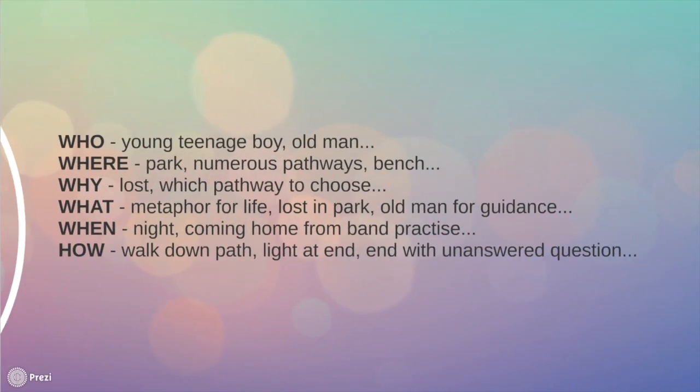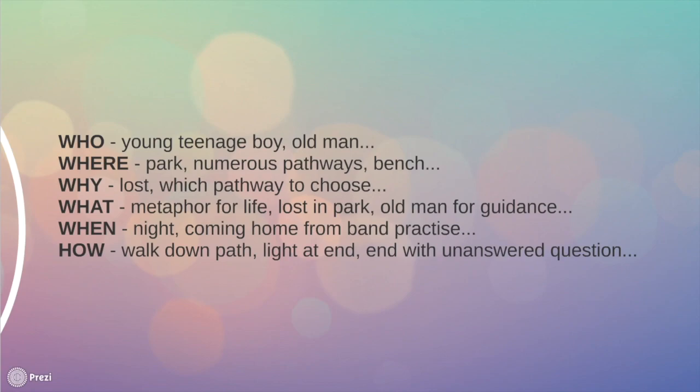For this 5W plus H plan, you literally just jot down listed ideas. So who's included in it? I've got a young teenage boy and an old man, where it takes place, why, and what actually happens within the story. Okay, so the pathways are a metaphor for life, the character asks the old man for guidance, when it takes place, and how it ends.